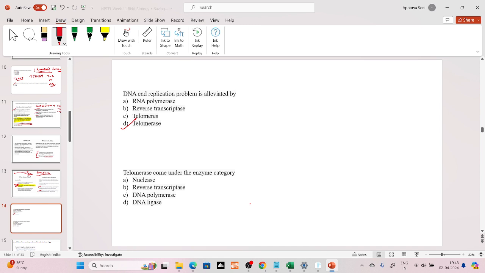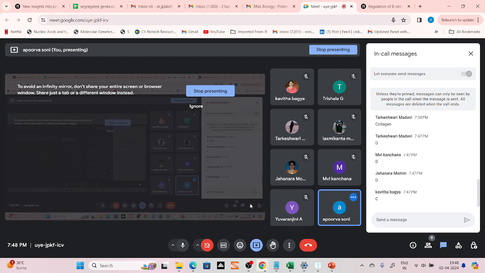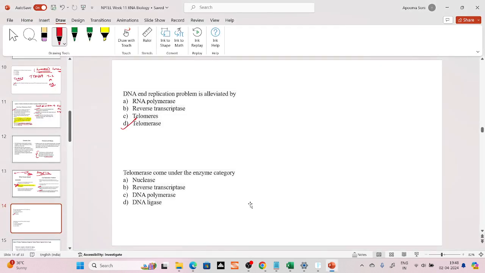Telomeres are already present in the chromosomes, so it should be telomerase. Am I correct or wrong? Tell me, I just want to see what you think. It should be telomeres or telomerase. These two are very confusing.